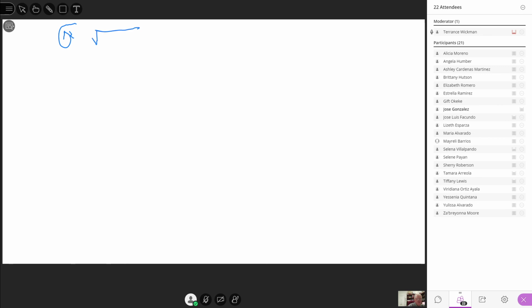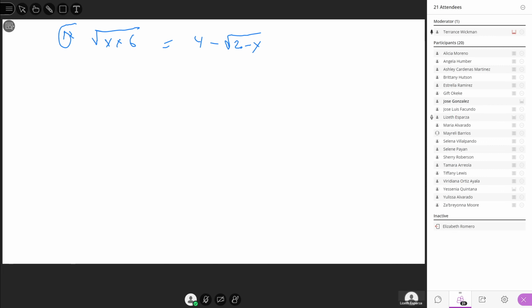So I'm going to have the square root of x plus 6 by itself equals 4 minus the square root of 2 minus x. Is there a question about what I did there? No. I put the 1 square root on the other side.